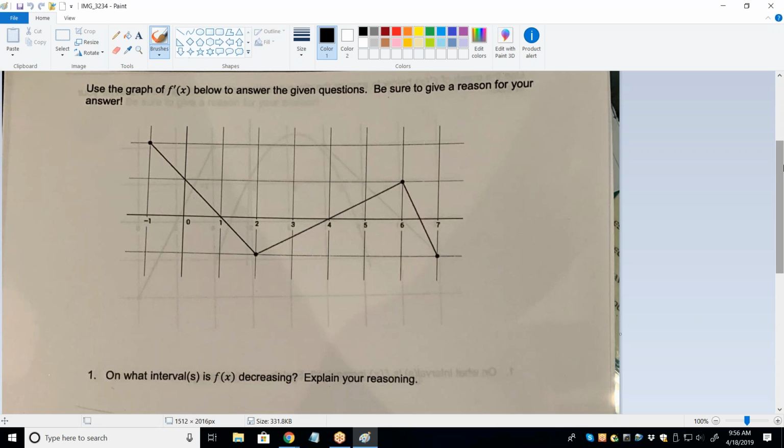Very good. In other words, we know the second derivative is going to be negative because f prime is decreasing on that interval, and it's decreasing on that interval. So it tells us the second derivative is negative, and that's what you need to be concave down.